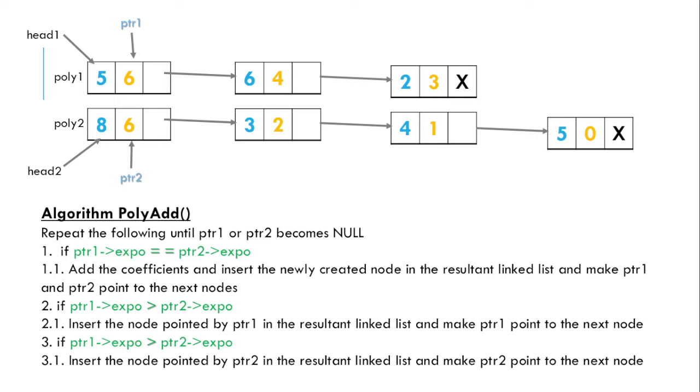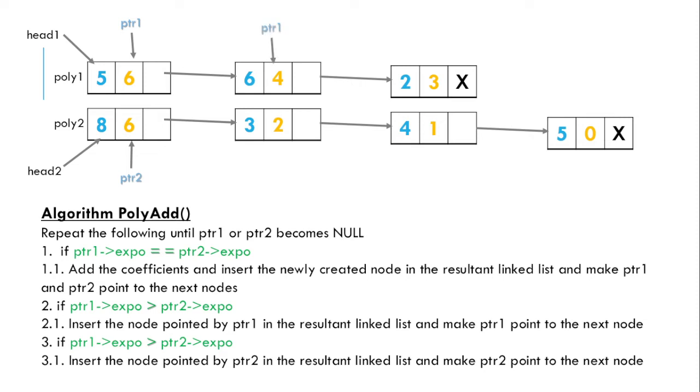If they are equal, we will add the coefficients and write the exponent as it is. In this case, the exponent fields are the same, the value is 6. So we will add 5 and 8. We will get 13. We will create a new node and insert that new node into the result polynomial.